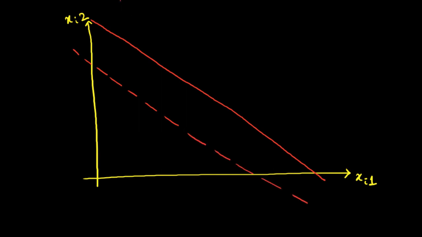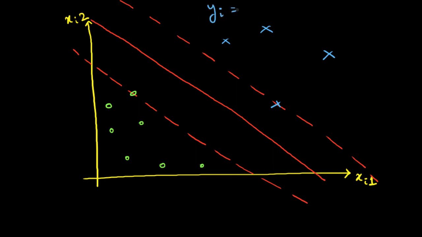And on the other side also, at almost the same distance from the decision boundary, you have these points which are lying over here. Okay, so now these are yi equal to +1 and these are yi equal to -1. Here we use -1 instead of 0 for reasons which will become clear very soon.